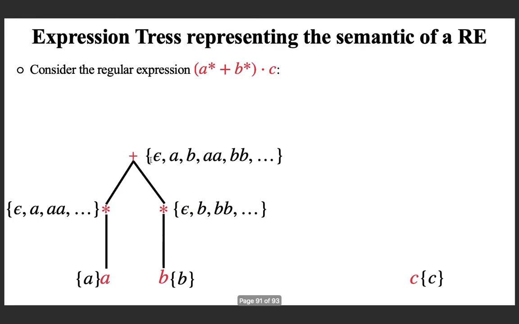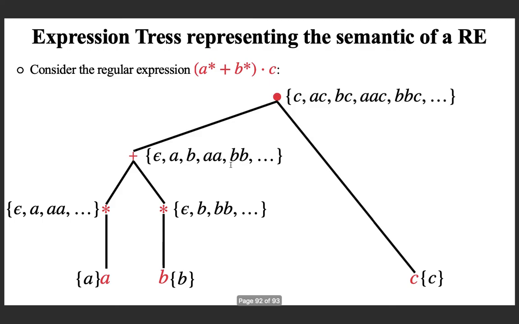Now, you have A star and B star. If you combine them using a plus, you get this language, which is nothing but the union of these 2 sets, and this is the star closure of this set, this is the star closure of this set, you can verify. Finally, if you combine these 2 sets using concatenation, you will get this set.